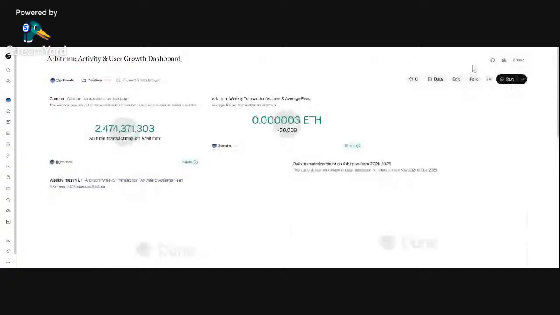So you can see the price in Ethereum is very, very negligible because it takes into account the current Ethereum price. You're paying 0.00003 Ethereum for a transaction.